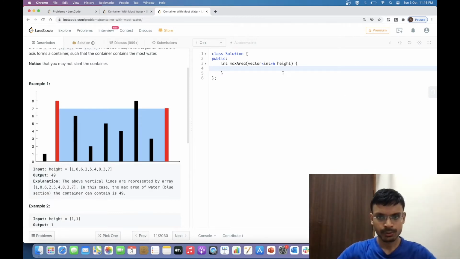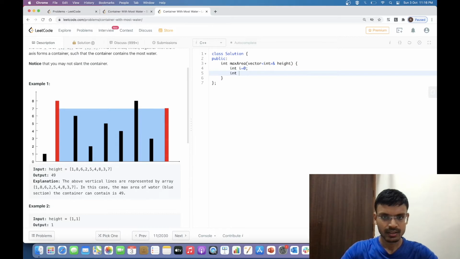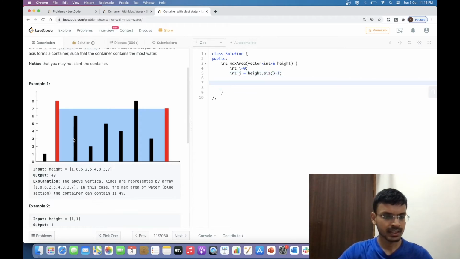So let's try to implement this approach. We can maintain two pointers, or two indices. The first index starts from the 0th index and the last index starts from the end of the array. So we are implementing the two pointer approach.